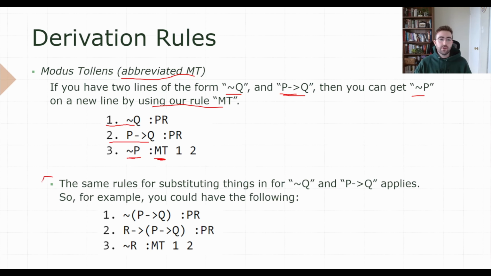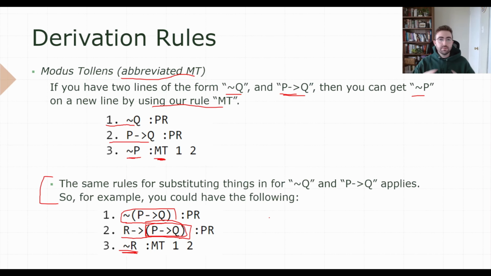But note again that the same rules can apply. We can substitute anything in here for P and Q. What's important is that if we have an if-then statement, so for example, we have if R, then if P, then Q, and if we have the negation of the right side of the arrow, so on line 1, we have the negation of if P, then Q. And on line 2, the right side of the main connective is if P, then Q. So if we have the negation of the right side of an if-then claim, then we can get the negation of the left side, right?